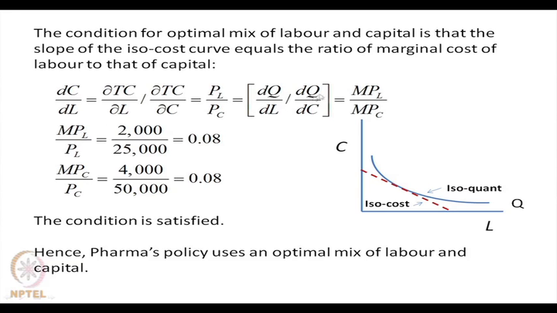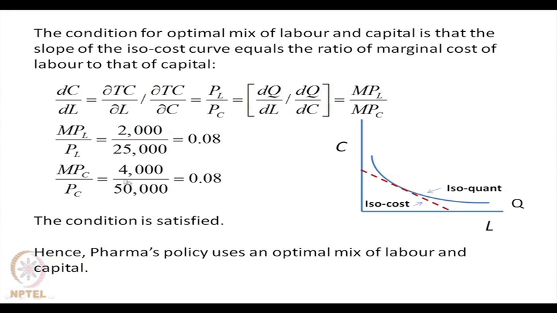Therefore, MPL by PL is equal to 2,000 tests, because of the price of labor, which is 25,000 rupees additional salary. So, this is 0.08. And MPC by PC, MPC is the marginal product of the capital deployed, divided by the price of the capital.